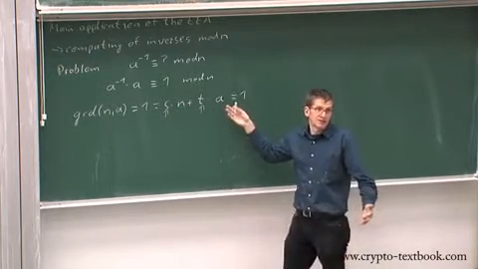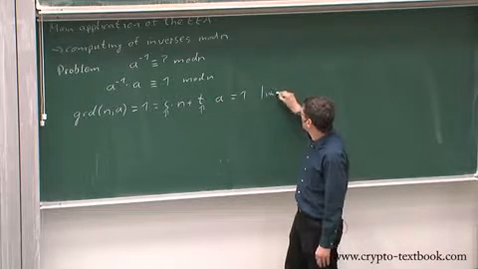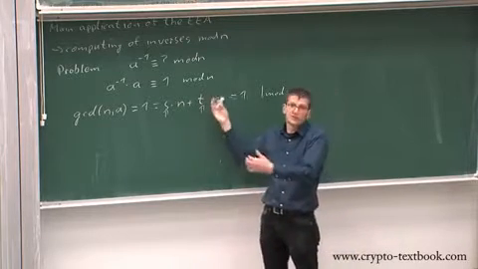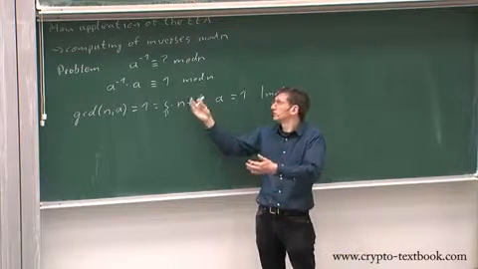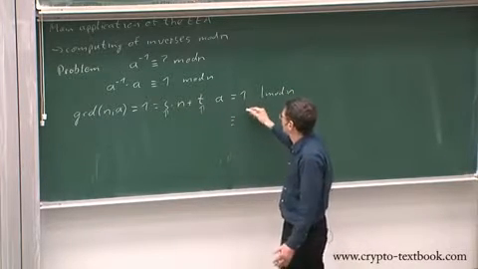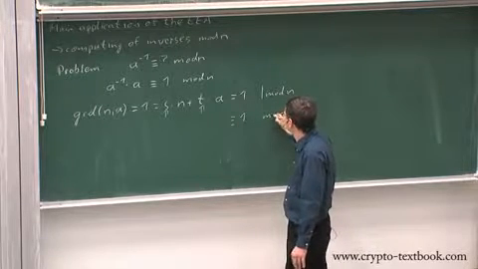You have this equation over the integers, and now you say, well, let's take this equation modulo n. You can do that, right? This is an integer equation, it holds. So you reduce this part modulo n and this part modulo n. Well, 1 modulo n stays 1 modulo n.